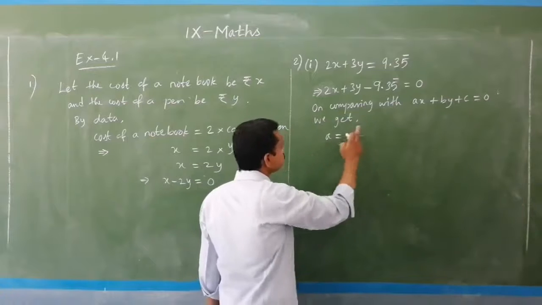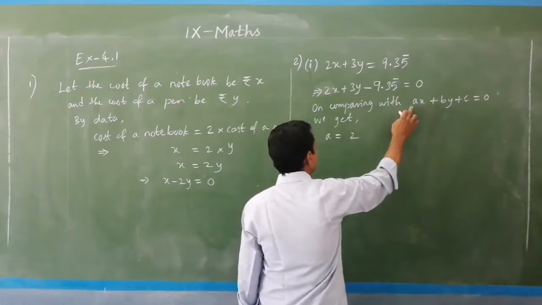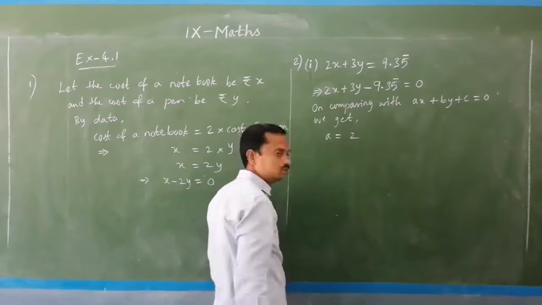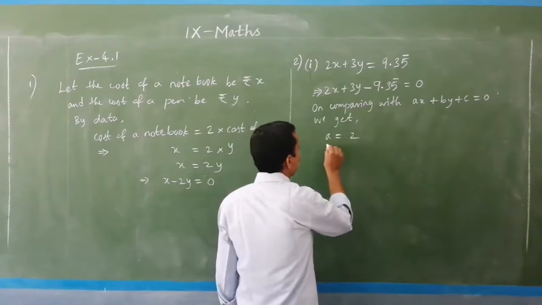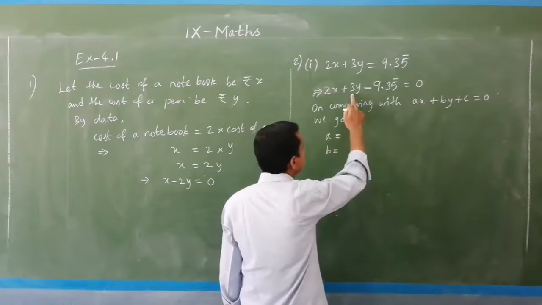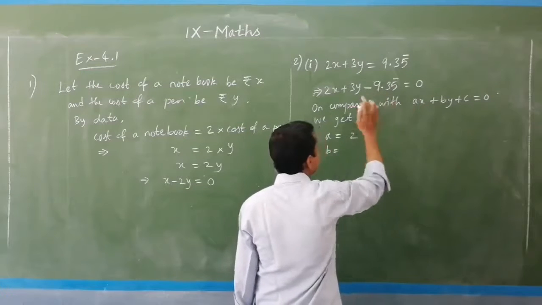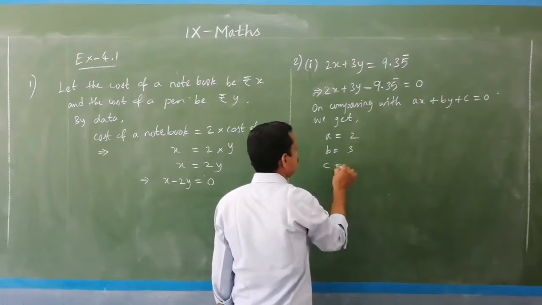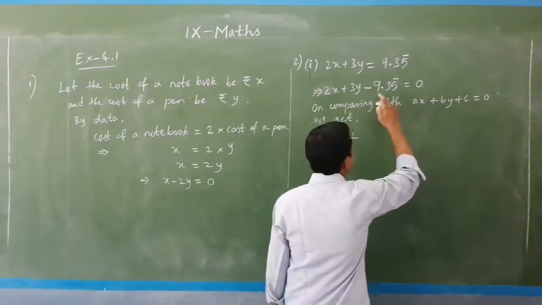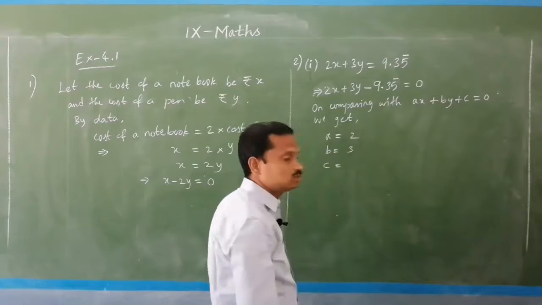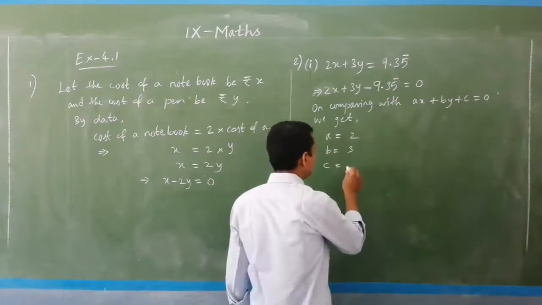Ax, so x coefficient is A, here x coefficient is 2. So, A equal to 2, B equal to 3, and instead of C, that is a constant, here what is there? Minus 9.35 bar, do not forget to put minus.